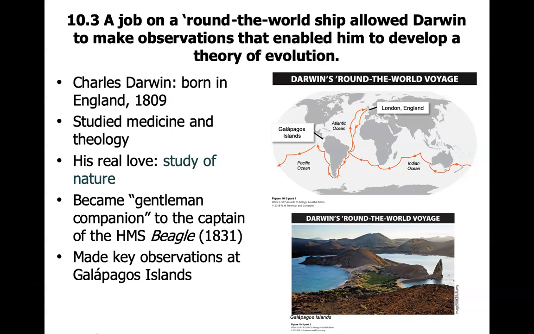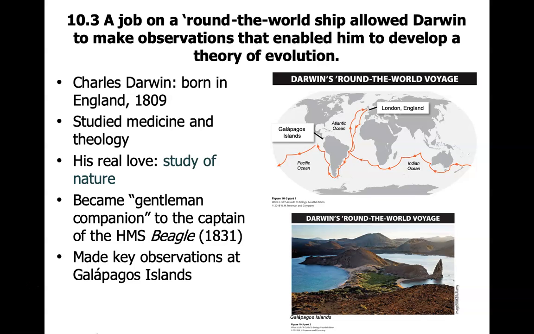Now, this was a British ship that was commissioned to basically do mapping. So they were going to leave England, sail around the world, and map coastlines of South America and some other regions that they encountered along the way. Now, this was really important because it allowed Darwin to do what he actually did love, which was to study nature.